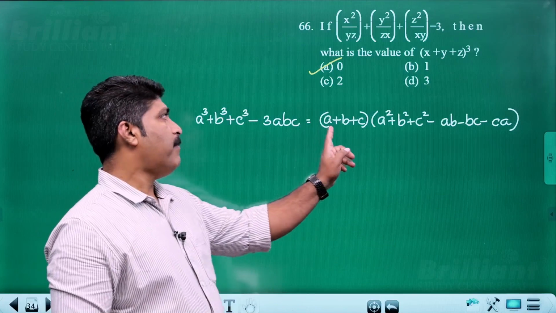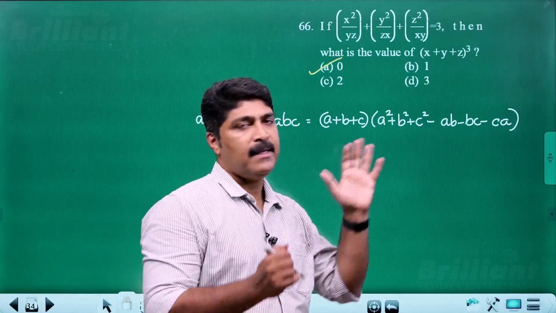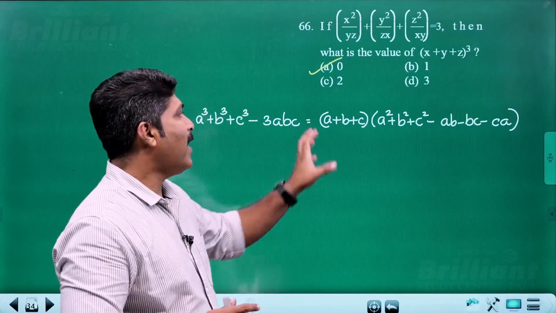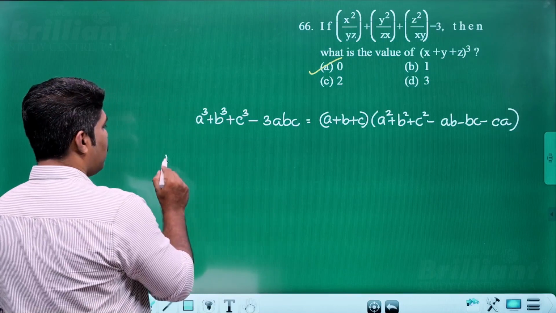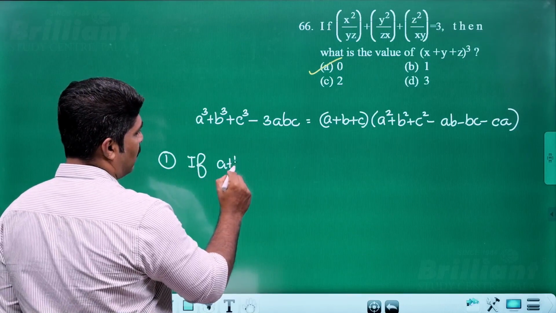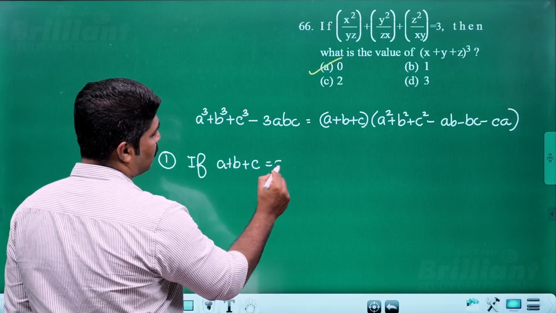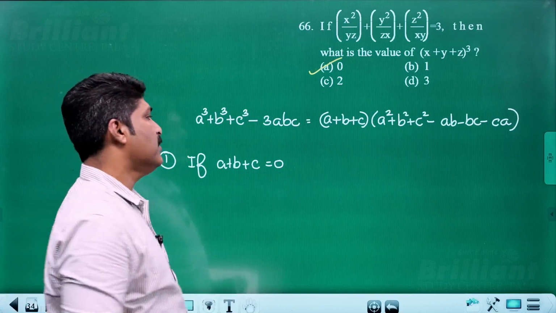Look at this identity. If a plus b plus c equal to 0 or the second term equal to 0, what will happen? The right hand side will be equal to 0. So here we can consider the first condition. If a plus b plus c equal to 0, this entire right hand side will become 0.